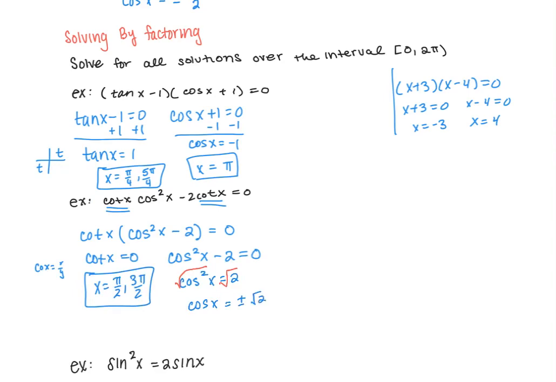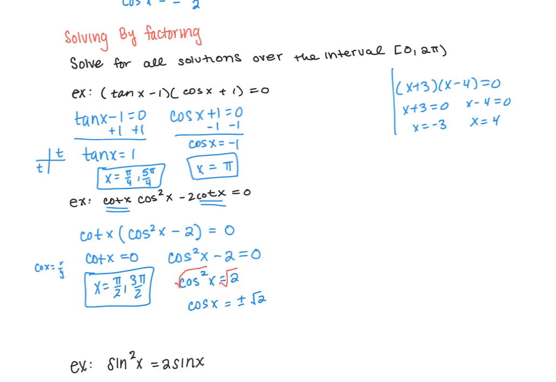This is where it gets a little tricky, and you have to really be thinking about what you're solving. Cosine values of any radians can only be between -1 and 1. If the value is greater than 1, then it's not on the unit circle. Square root of 2 is bigger than 1.